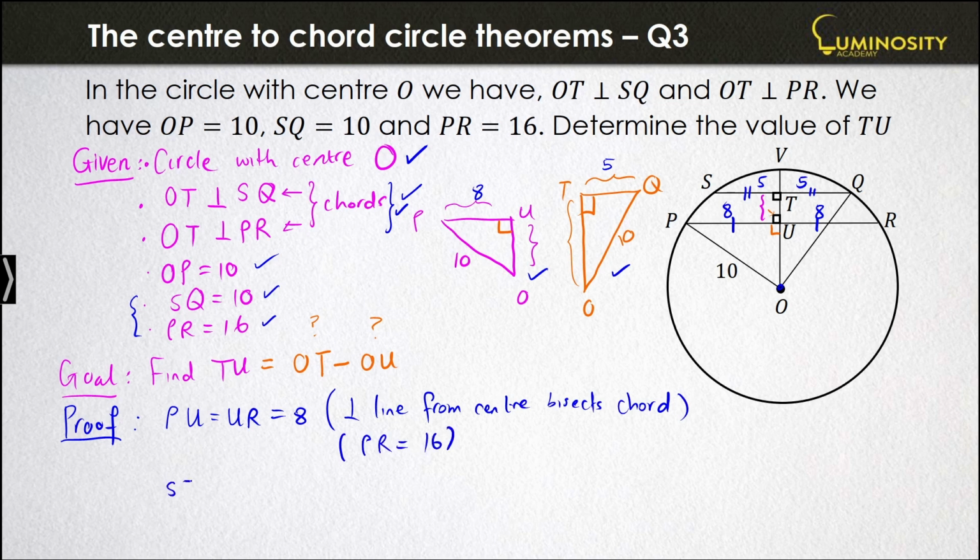Similarly, we can say that ST equals TQ equals 5 for the exact same reasoning, perpendicular line from center bisects the chord, and SQ was given as 10 units.